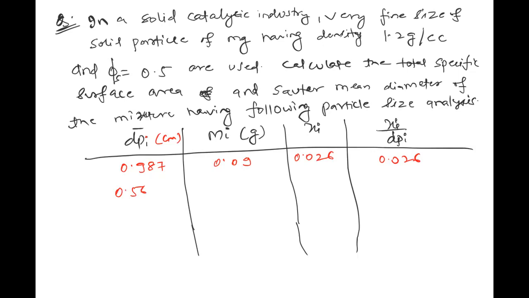Then 0.568, mi equal to 0.12, xi equal to 0.35, and here it is 0.0616. First, we will try to find this. Then 0.346, 0.23, 0.067.